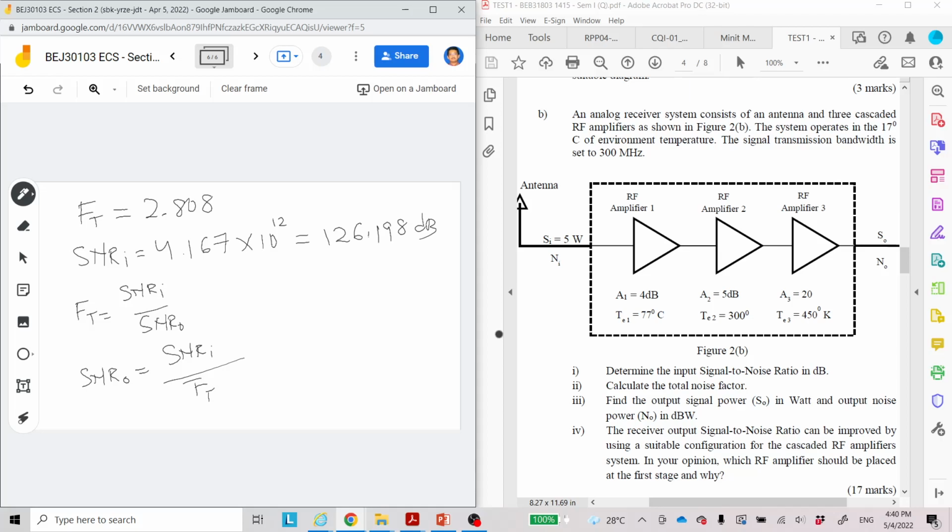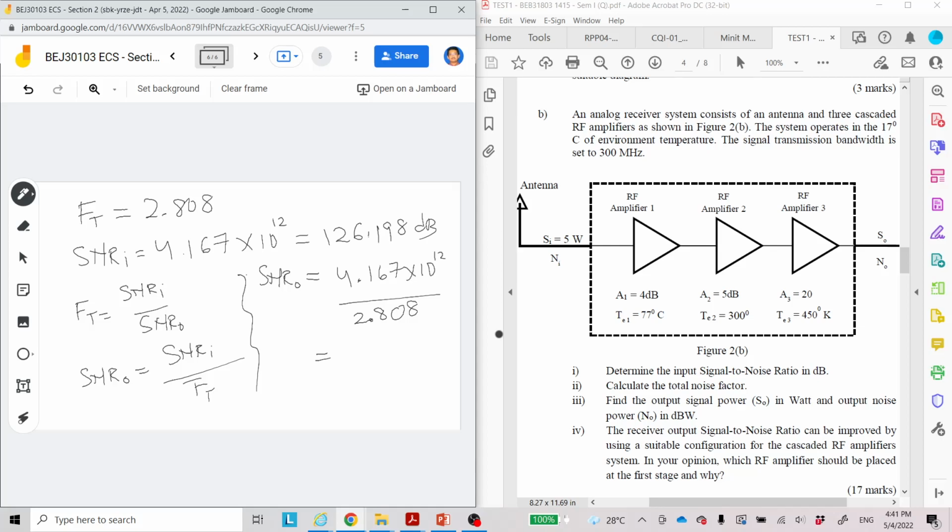So what you can do is like this: SNRO is equal to 4.167 multiplied by 10 power of 12, divided by F total, which is 2.808.